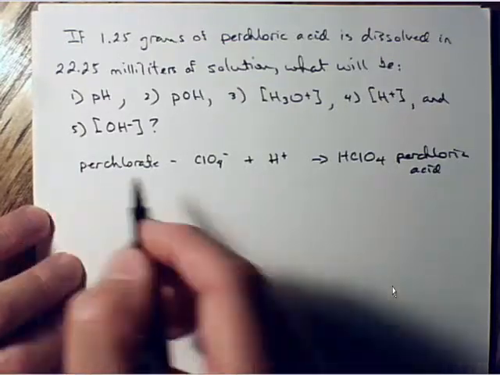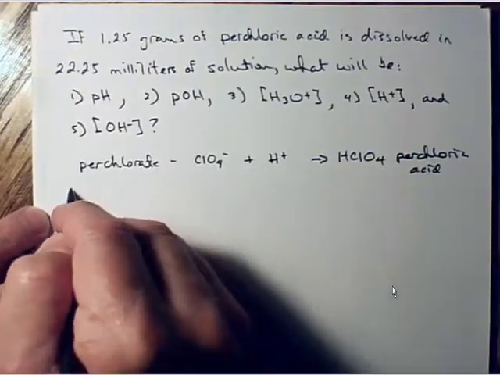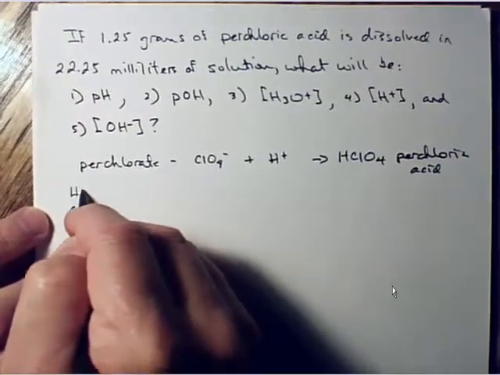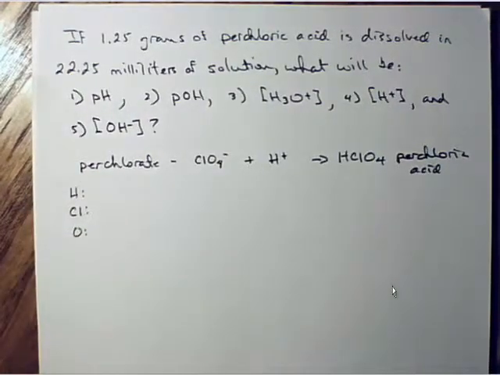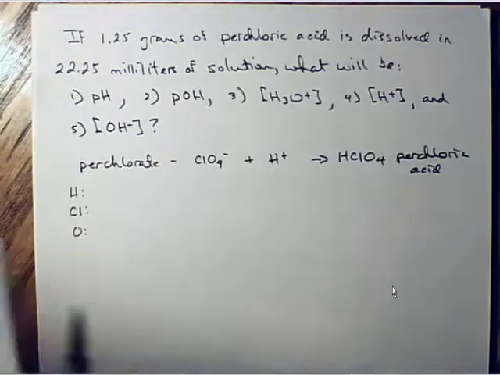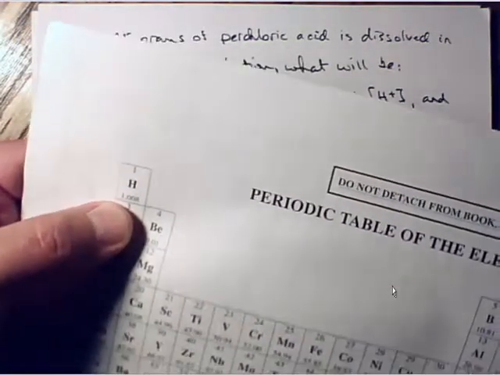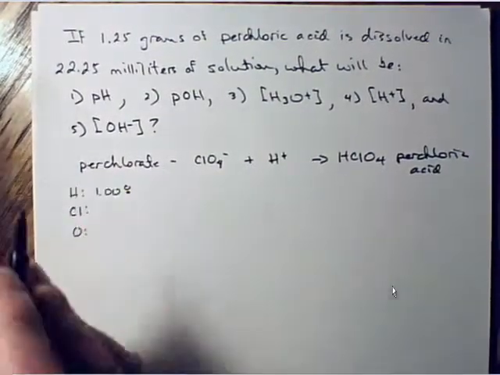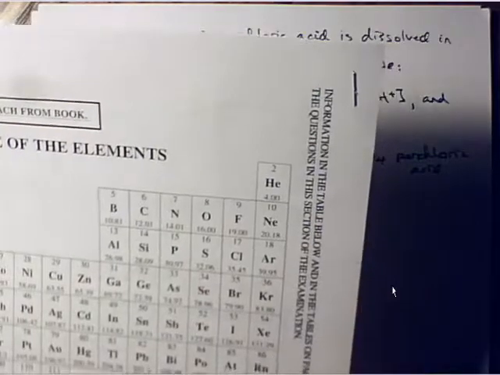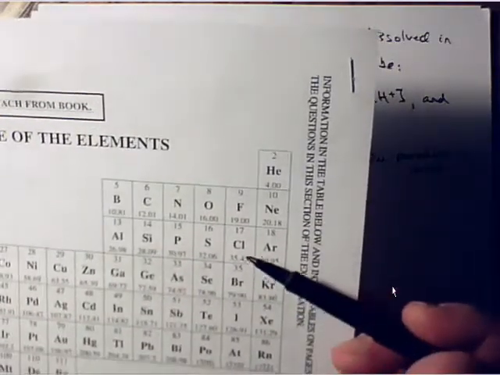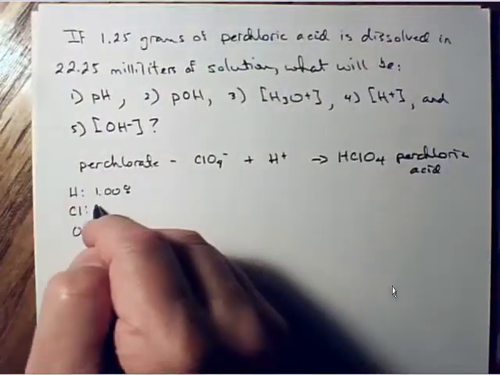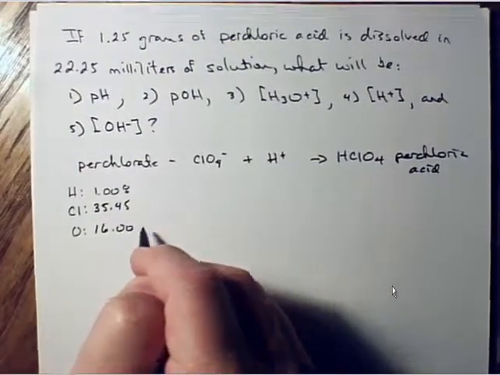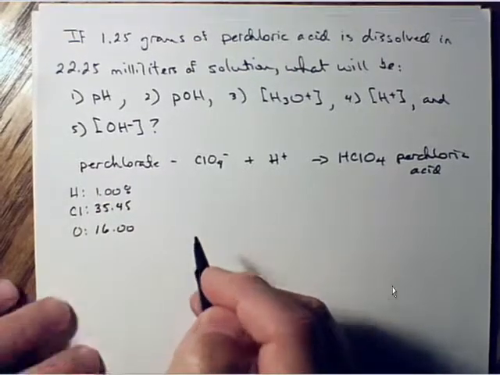So let's calculate the molar mass of perchloric acid. We've got hydrogens and chlorines and oxygens. The atomic mass of hydrogen on the periodic table that you use in this class is 1.008. The atomic mass of chlorine we use on the periodic table in this class is 35.45. And the atomic mass of oxygen on the periodic table we use in this class is 16.00.